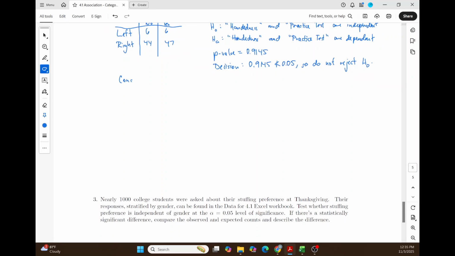And then our conclusion. Okay, there's not sufficient evidence to conclude that handedness and practice test are dependent variables. Okay, so that's how these things go.